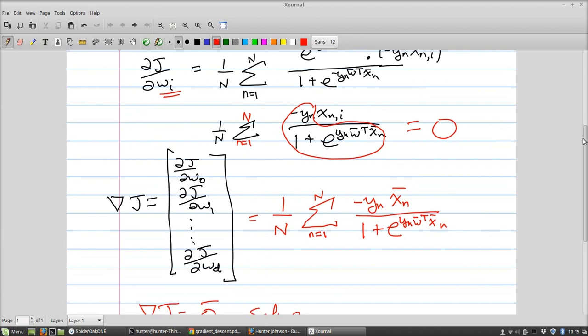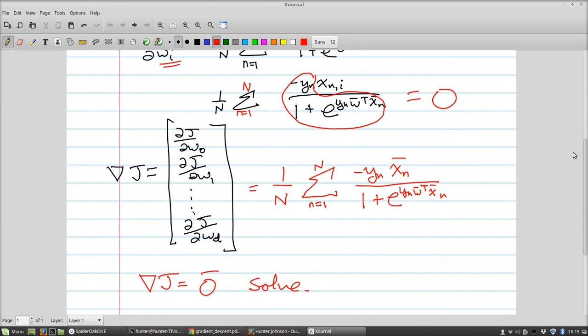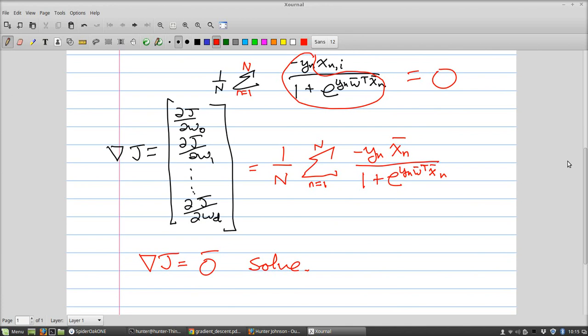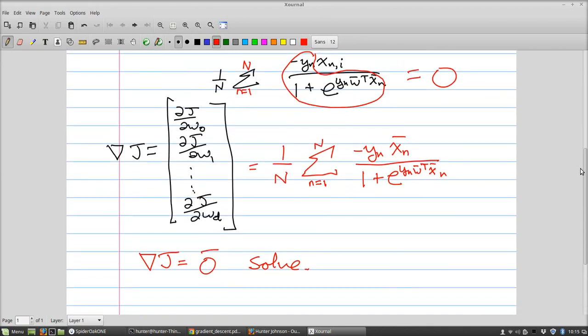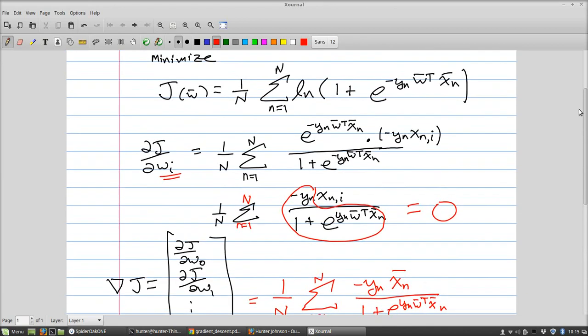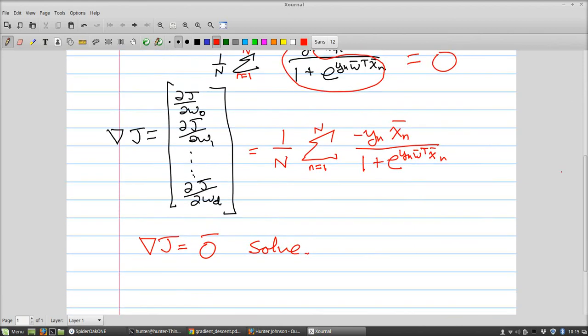But instead of doing that, we're going to explore a different approach called gradient descent. Gradient descent is a general method for minimizing functions, and I'm going to do that in another video. But this is what we have. This is the gradient of J, equal to this, and let's just stop this for now.